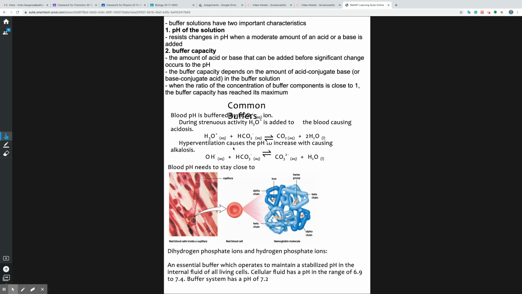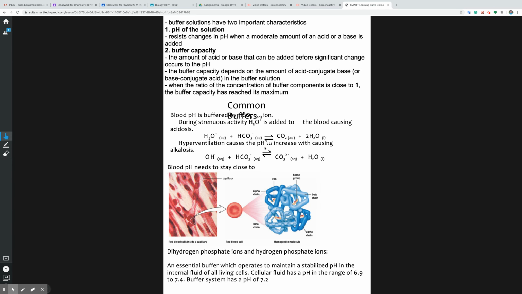As we're doing strenuous activity, it makes us breathe harder. Hyperventilation, breathing harder, causes the pH to increase, because the OH is going to react with the bicarbonate to produce carbonate and water.